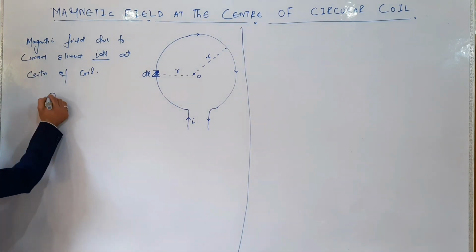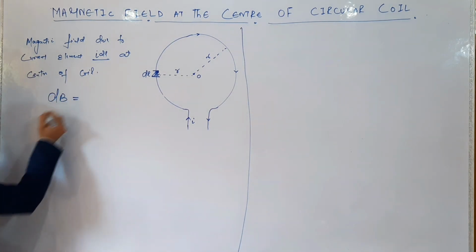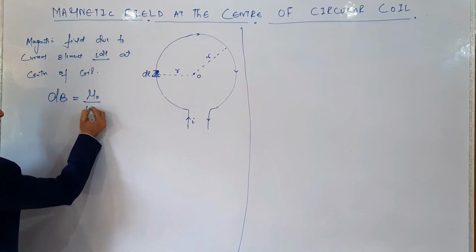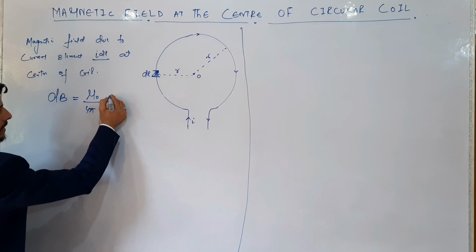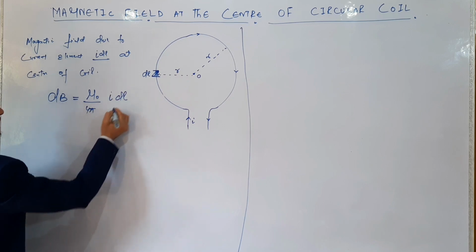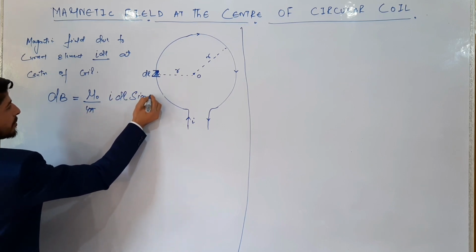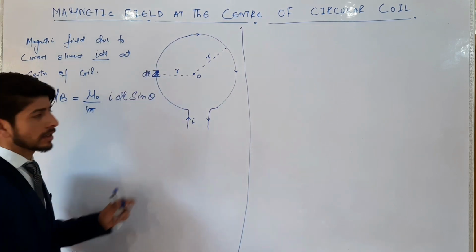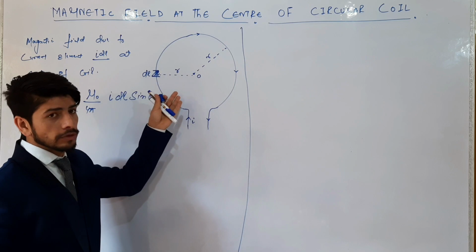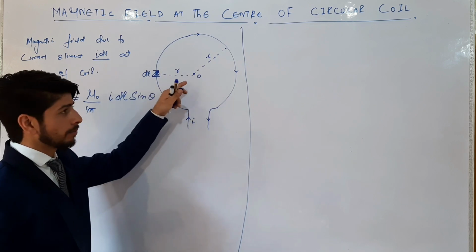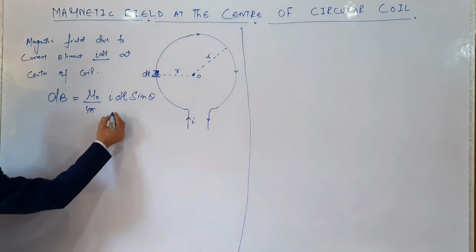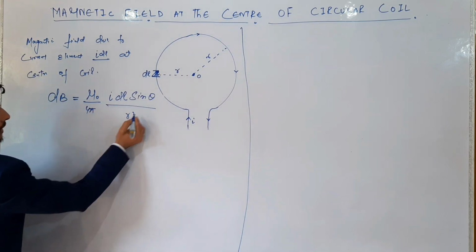Using the Biot-Savart law, the small magnetic field dB will be equal to mu naught upon 4 pi, I dl sine of the angle between this current element and the position vector of point O from this current element, upon the distance squared, that's R square.